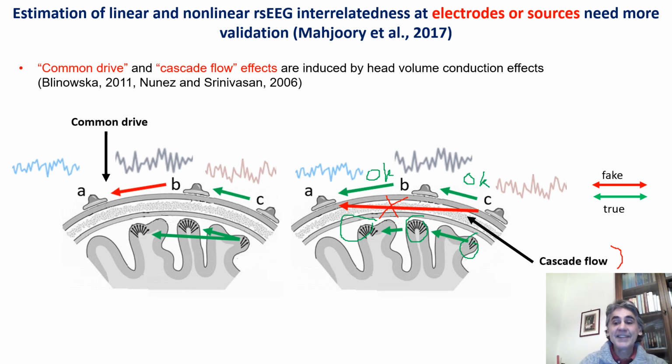So the techniques using the source estimation may partially solve the issue of head volume conduction effects. However, you can have some erroneous connectivity solutions also with these techniques because you don't have a unique solution when you have to solve the inverse problem of EEG, from scalp EEG to cortical sources of EEG activity.